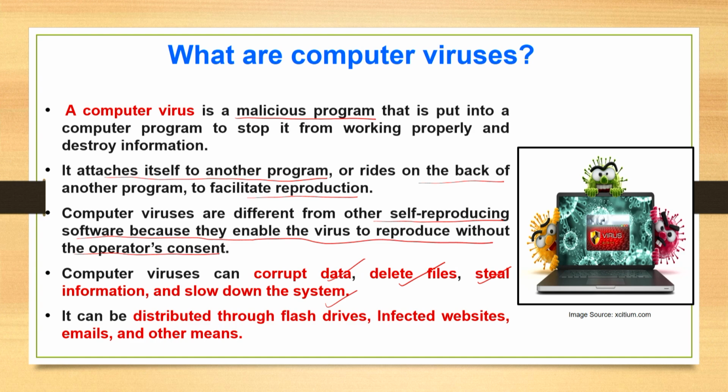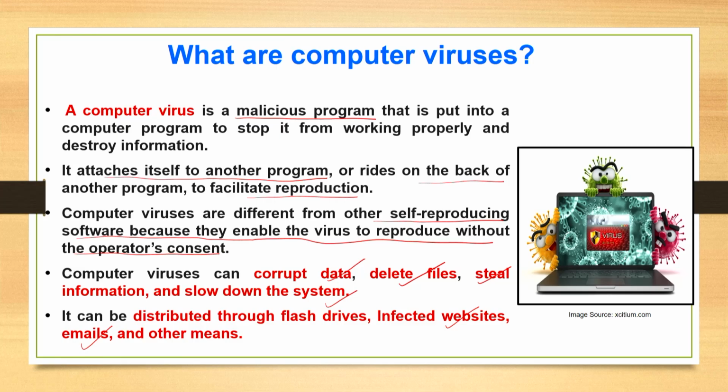It can be distributed by using pen drives or infected websites. Infected websites means, if you have downloaded some software from sites that contain the virus, it is going to affect your system.